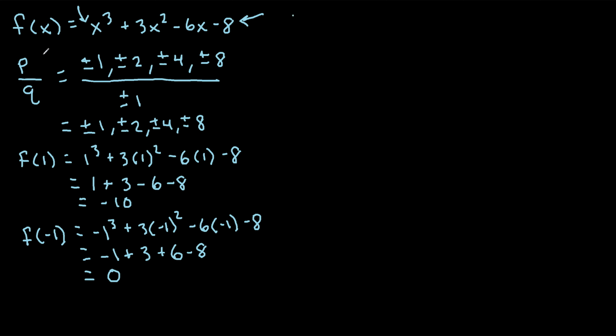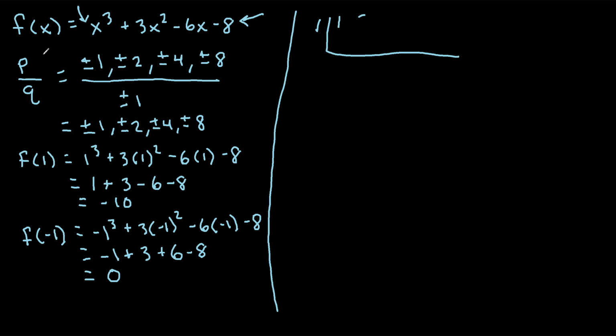Now, to find the remaining zeros, we can use synthetic division. So let's go ahead and write all of the coefficients in this function. That would be 1, 3, -6, and -8. For step 1, we're just going to bring down the first term, which is 1.